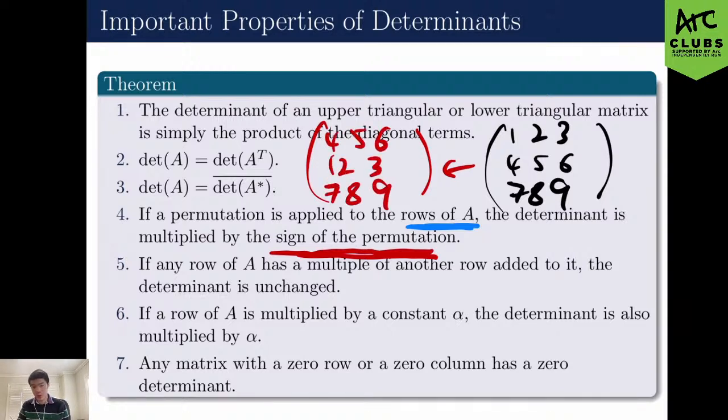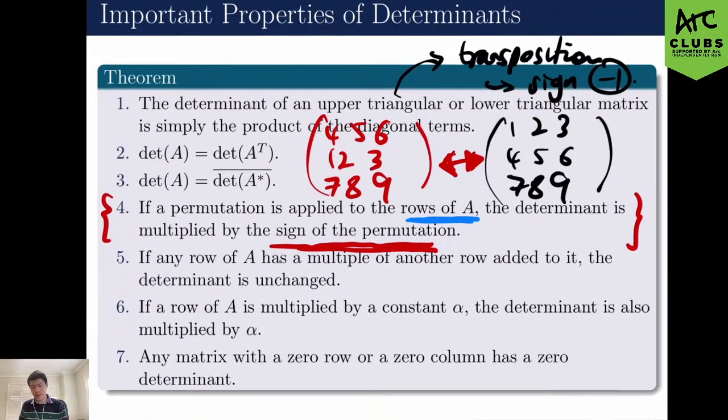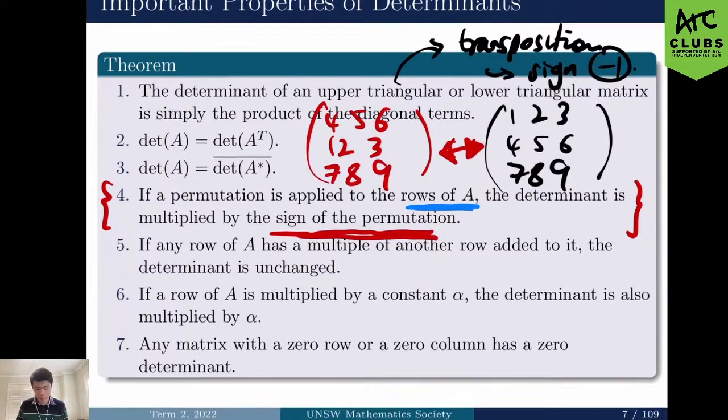I've swapped them. That's a transposition, right? A transposition has sign -1. So in other words, to get from here to there, my determinant is multiplied by -1. Right, so that's a special case of rule number 4.